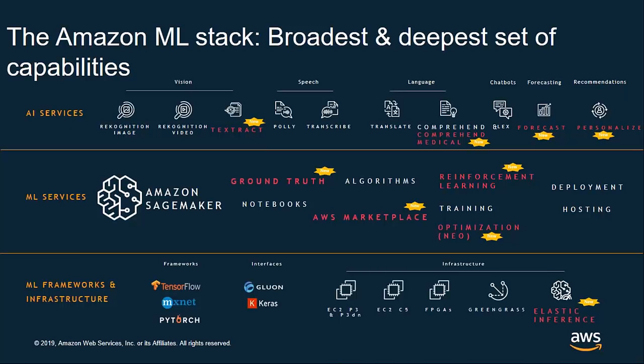In the middle, we have a fully managed platform for machine learning, Amazon SageMaker. And at the very top, we have services for various machine learning areas such as vision, speech, language, chatbots, etc. Today, we'll be focusing on Amazon SageMaker and reinforcement learning, which was launched at re:Invent 2018.